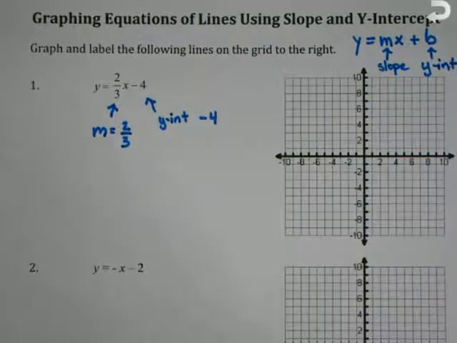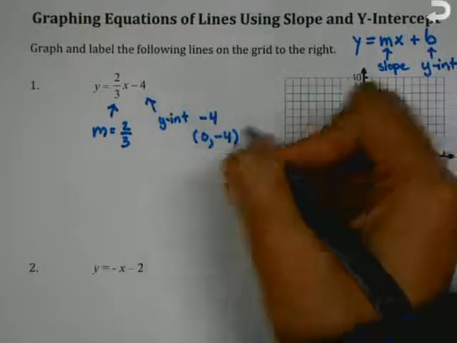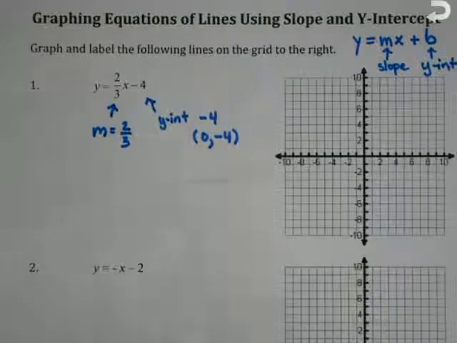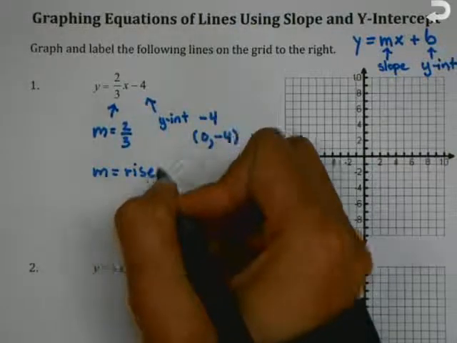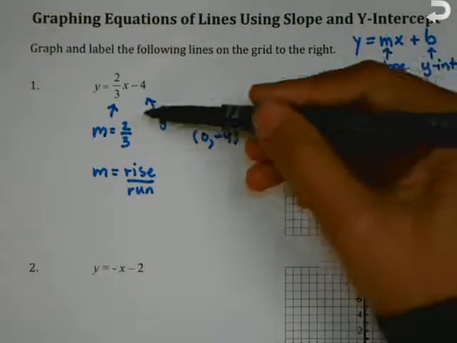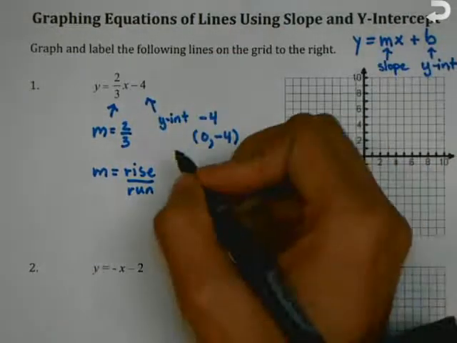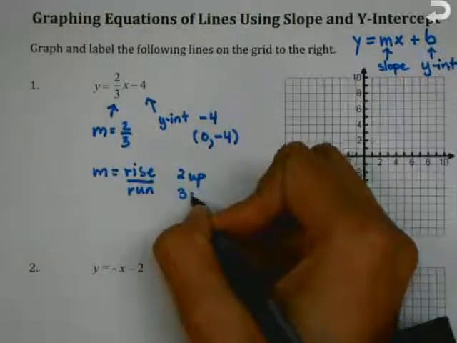Now, -4 as a point is (0, -4). Recall also, slope is rise over run. So in this case, our slope is 2/3. That would mean we would need to go 2 up and 3 to the right.